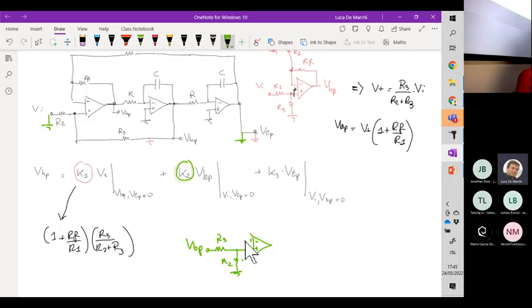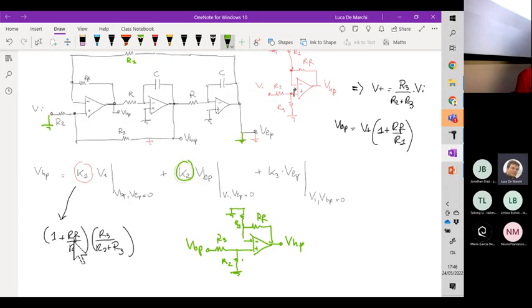And then we have the feedback loop through RF and the loop connected to the ground through R1. Okay, and this is VHP under these conditions.